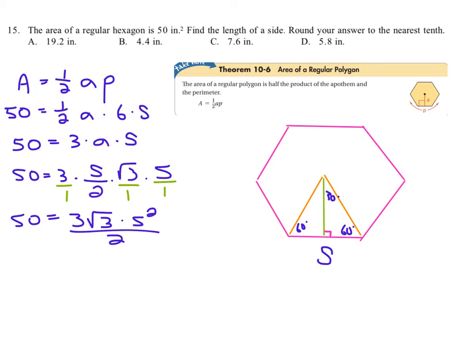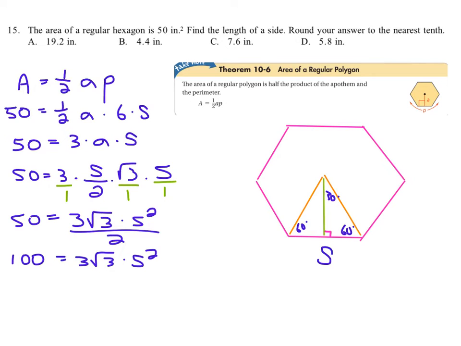So I'm going to multiply both sides by 2. I'm going to say 100 is equal to 3 root 3 times S squared. I just took what was on the bottom, divided by 2, and I multiplied both sides by 2.